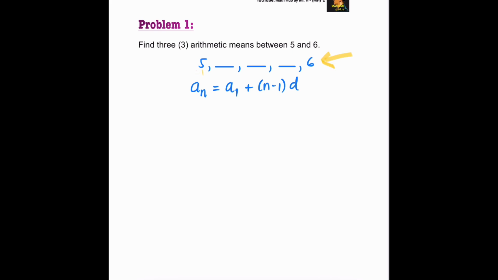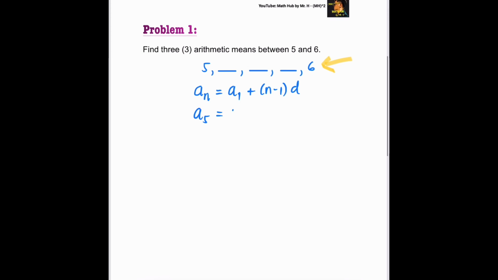So you have here the first term and you have here 6, which is the 5th term, right? So basically here, if we replace the n by 5, we will have a sub 5. A sub 1 is the first term, so we replace that by 5. Plus n is replaced by 5 minus 1.